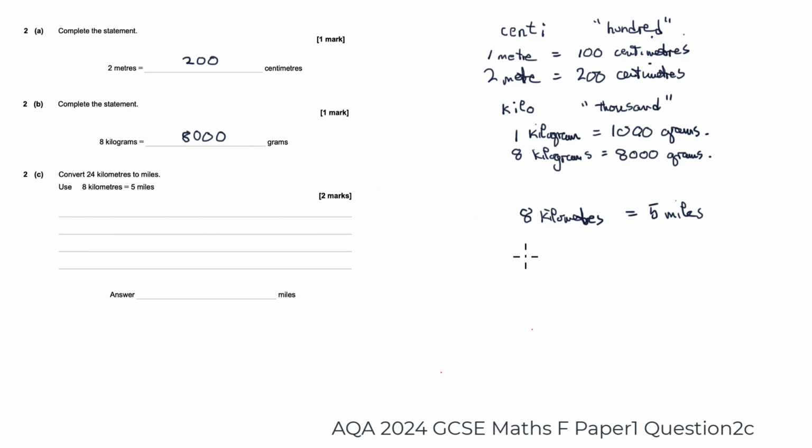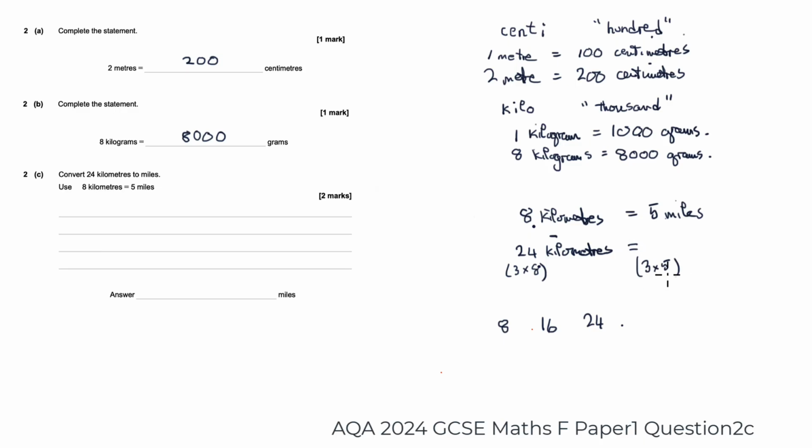Now, what do we know about 24 kilometres? Well, it's more than 8. And the 8 times table would take us from 8 to 16. 2 8s are 16. 3 8s are 24. So this is 3 times 8. So if 8 kilometres are 5 miles, 3 lots of 8 kilometres would be 3 lots of 5 miles.